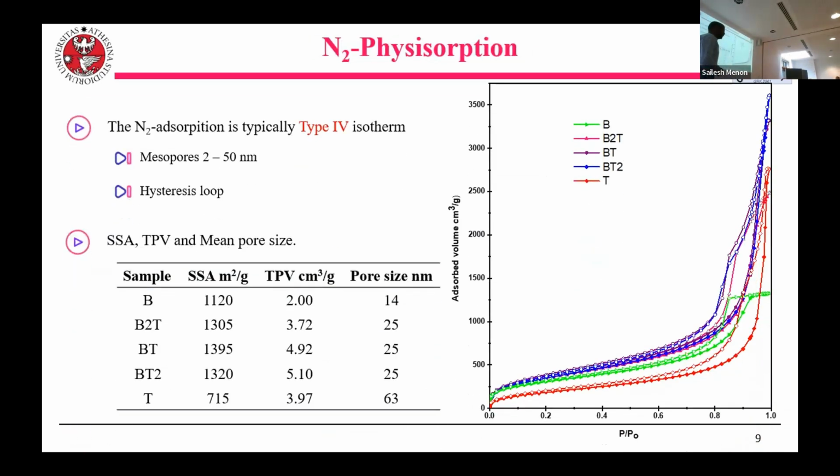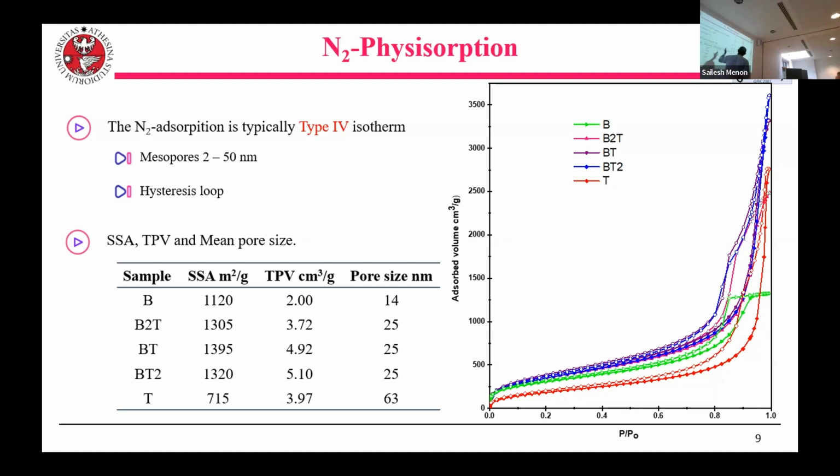Now, when it comes to the nitrogen adsorption, first from the IUPAC classification of nitrogen adsorption, our sample typically shows a type 4 isotherm. And this means the sample is a mesoporous material. That means the pores in these aerogels are majorly mesopores, from 2 to 50 nanometers.